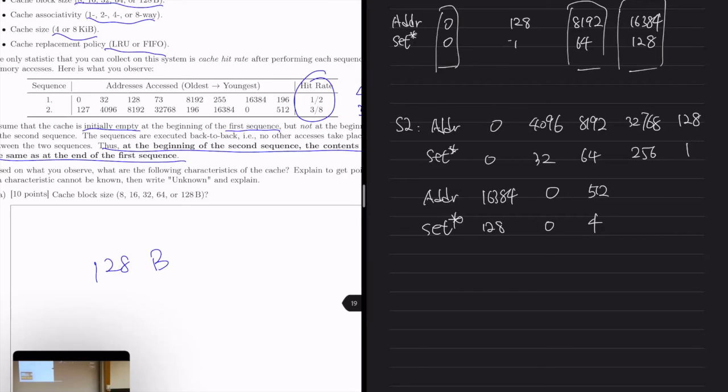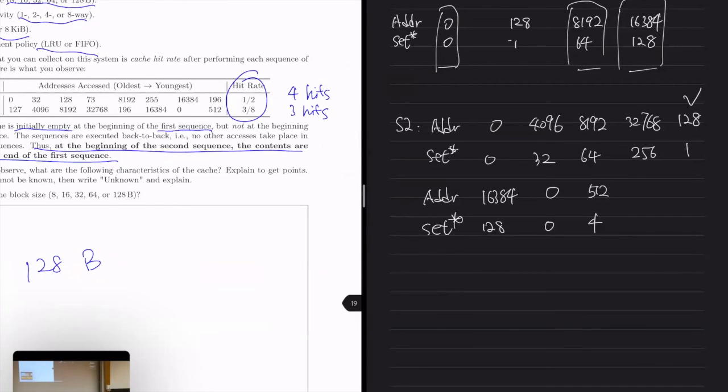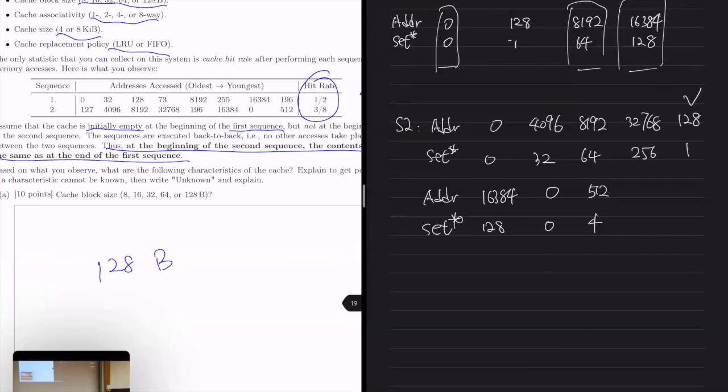So we have a guaranteed hit here. Because for S2 we have a total number of 3 hits, the associativity must make the number of hits in the rest of these accesses be 2.